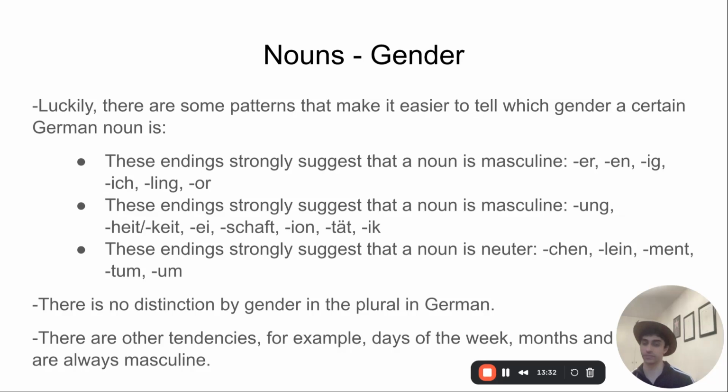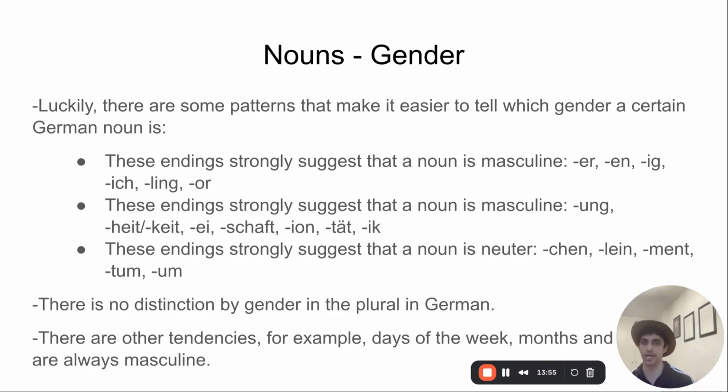That is a very strong tendency in German. The vast majority of words with these endings, UNG, SCHAFT, ION, for example, will be feminine, with very few exceptions, if any. Once you've memorized that, it can considerably reduce your time to learn the genders of nouns, which, as we've said before, is very important to know.